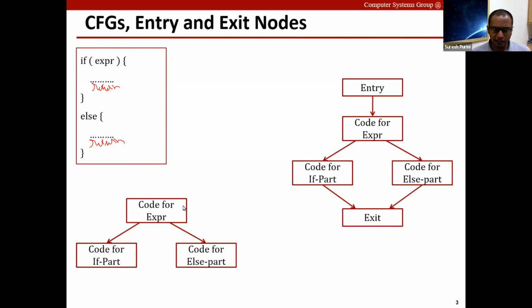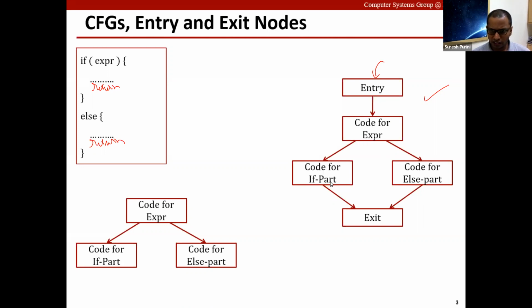But we can take this control flow graph and transform it into a control flow graph like this, where it has an entry node with no instructions present. Control enters the program through this entry node, and then it enters the basic block which contains the code for the expression. Depending upon the predicate that is evaluated at this point, either you go this way or this way.